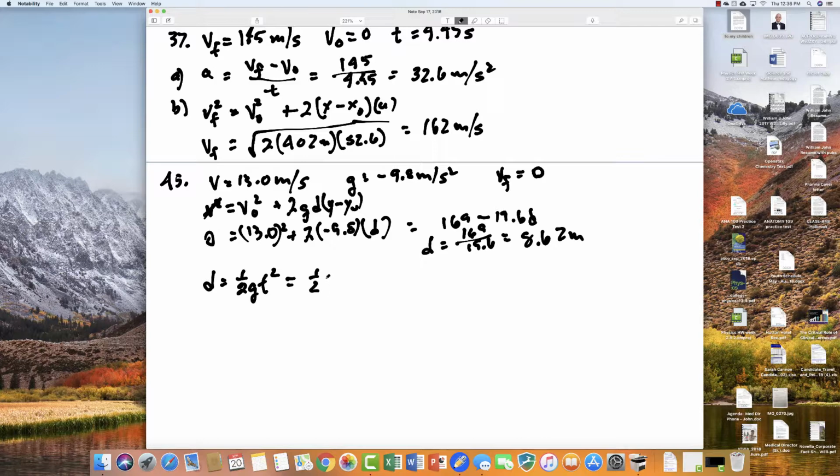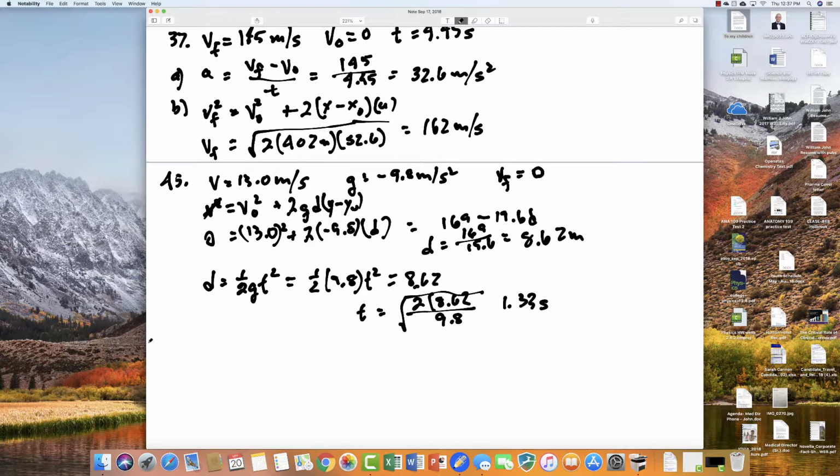So that's going to be 1/2 times 9.8 times t squared is going to equal d, and d we found was 8.62. And so t is going to be 2 times 8.62 divided by 9.8, and take the square root of that. And if you do that, you get 1.33 seconds.